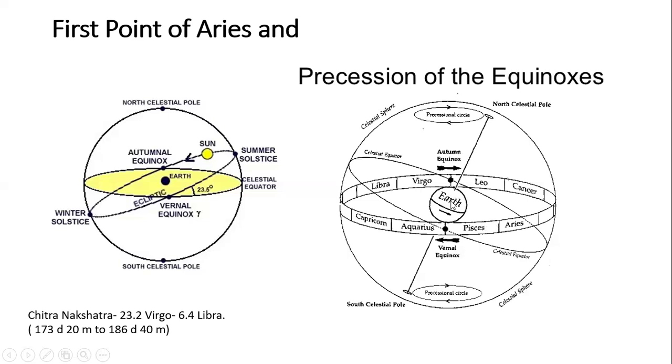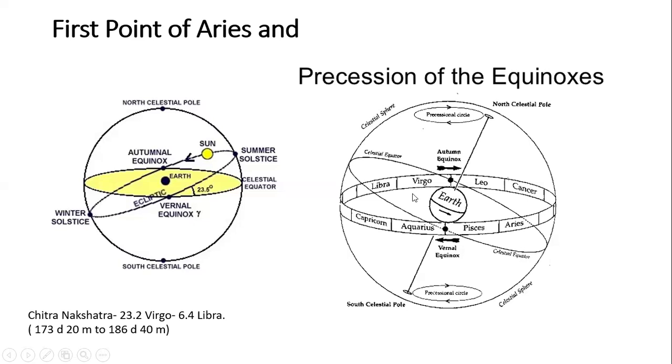But when the actual Sun comes back to the original position, the direction of that tropical Sun actually shifts westward, and the actual Sun goes backward, westward.